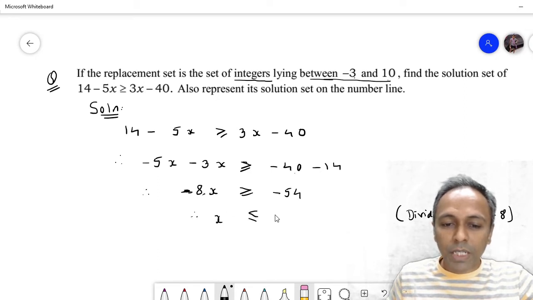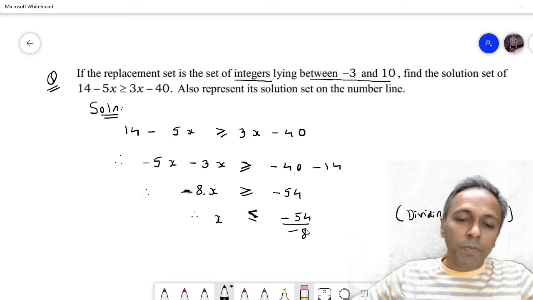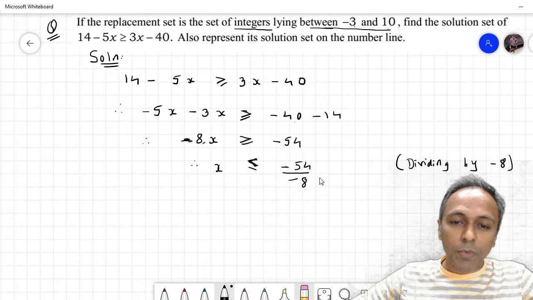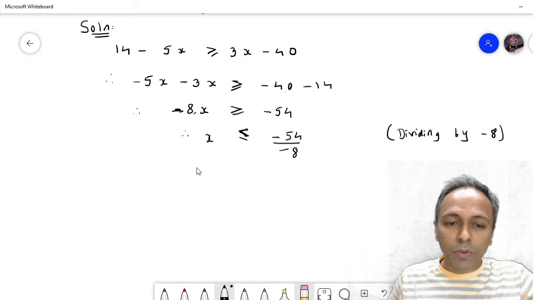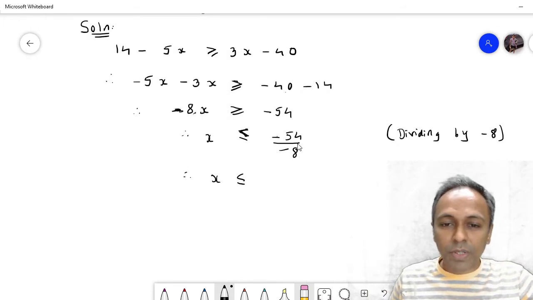So x will become less than or equal to, this equality sign will stay, minus 54 upon 8. Therefore, x is less than or equal to, 6 8s are 48. First we can reduce it, so this will become 27 upon 4. Therefore, x is less than or equal to 6.75.